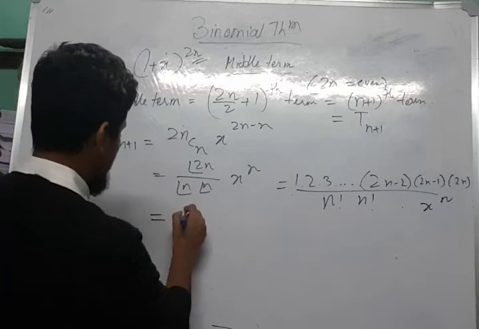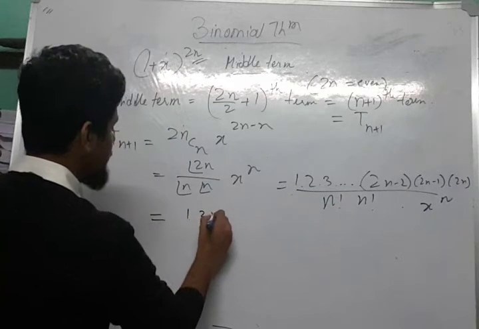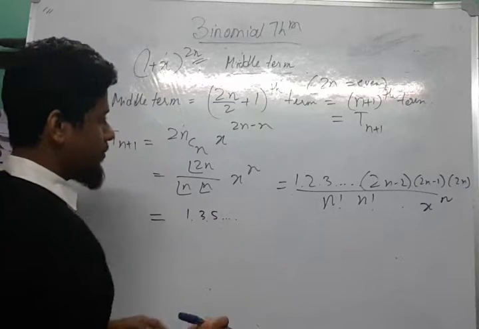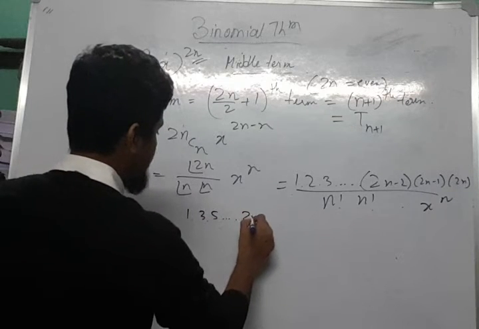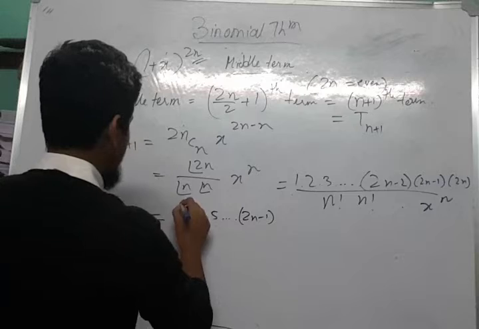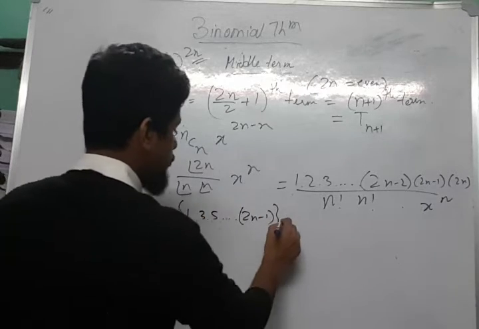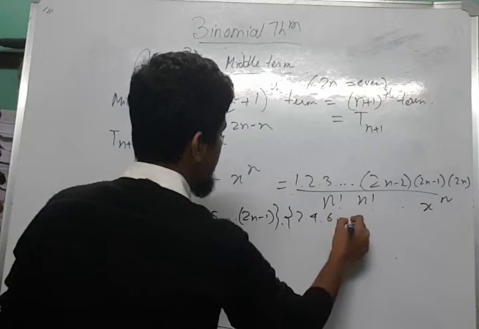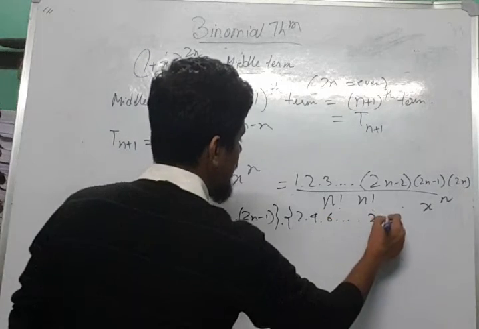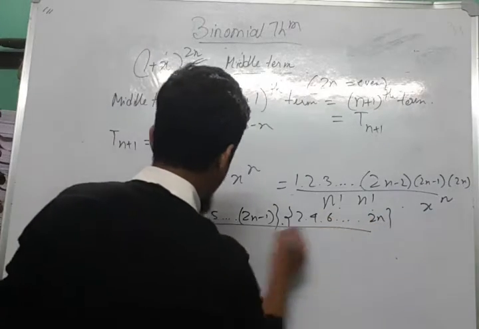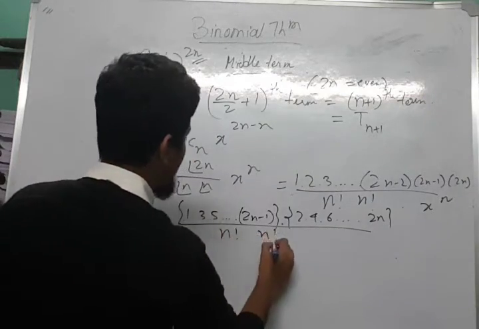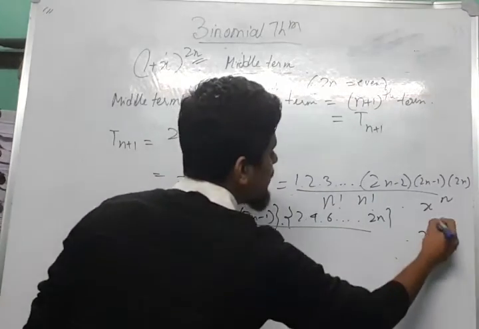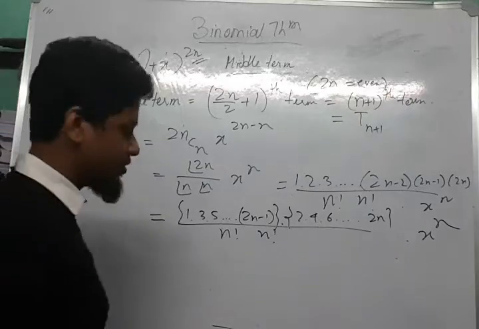This will give us the structure of 1, 3, 5, and this will go on up till 2n minus 1. So this is one structure. Into 2 into 4 into 6, and this will go on up till 2n. And then we have n! n! in the bottom, and this is entirely multiplied by x to the power n.